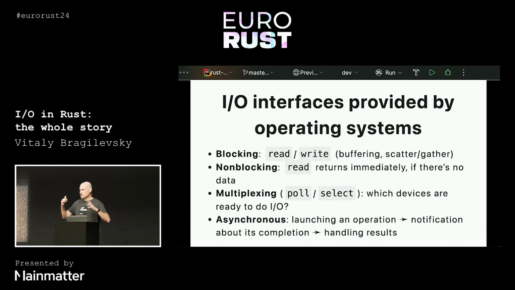If you are working with the C programming language, for example, then some signal is delivered to your program, you handle it, and then you have your data. When we discuss this asynchronous interface, you might think, well, maybe my asynchronous Rust code uses something like that.